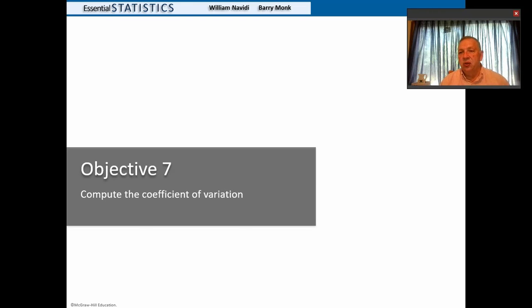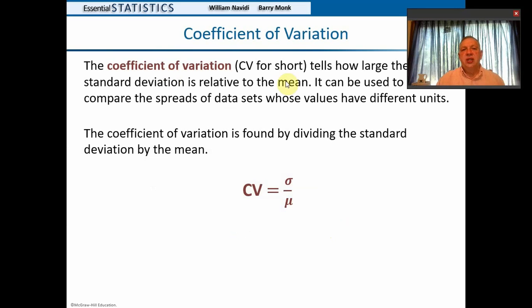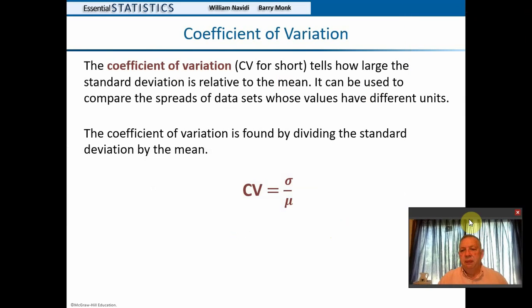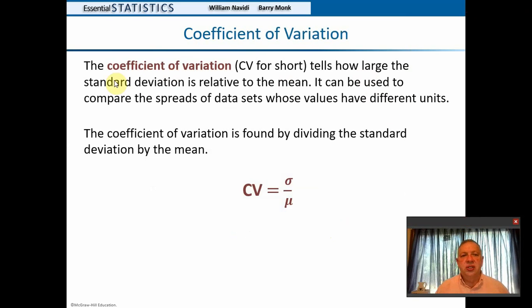This is the coefficient of variation. It basically tells how large the standard deviation is relative to the mean. So the coefficient of variation is the standard deviation divided by the mean.